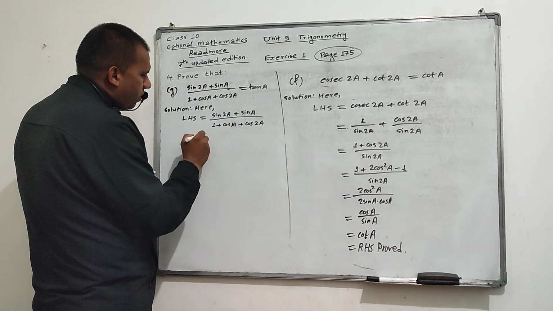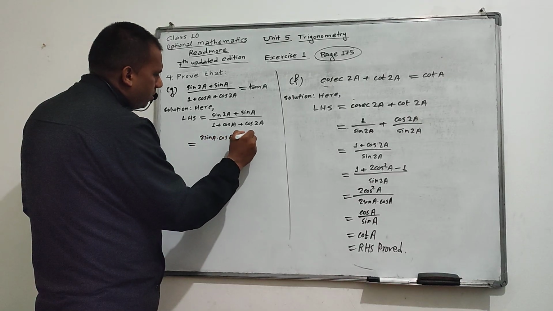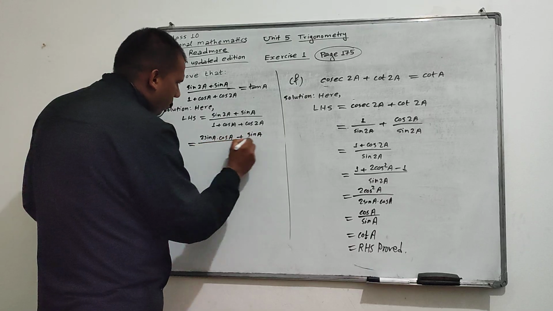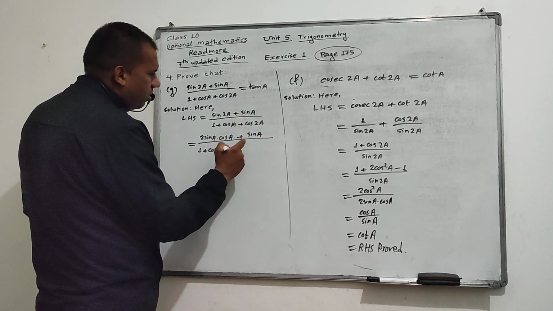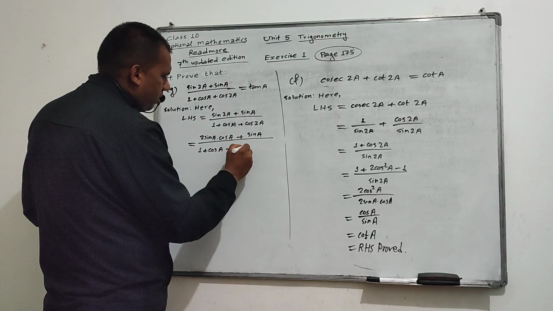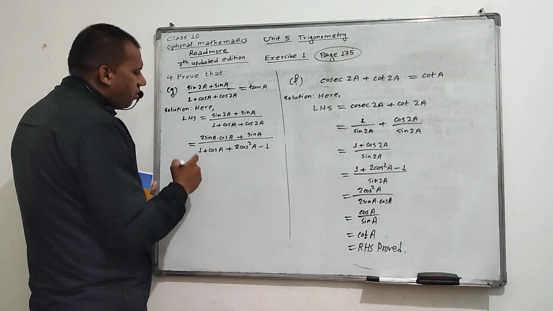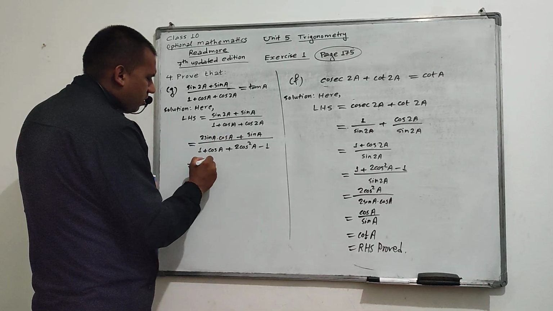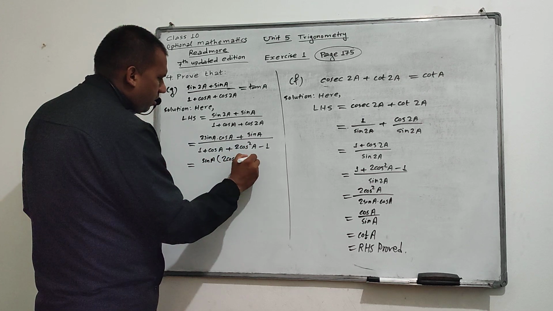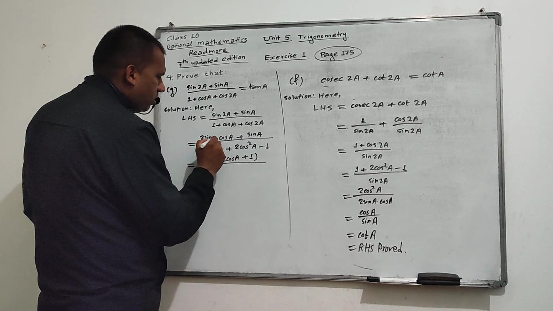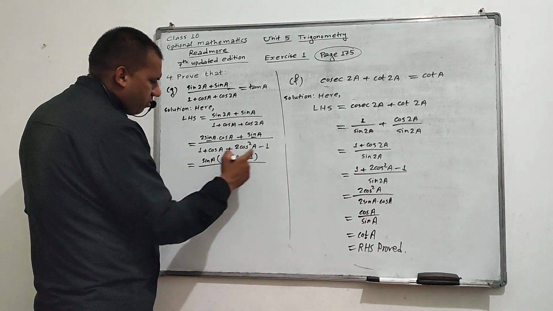This equals 2 sin A cos A plus sin A over 1 plus cos A plus cos 2A, where cos 2A is 2 cos square A minus 1 by using the formula. Now in the upper part sin A is common, remaining 2 cos A plus 1. Downside, 1 minus 1 cancels out.